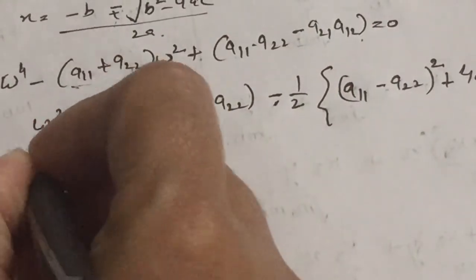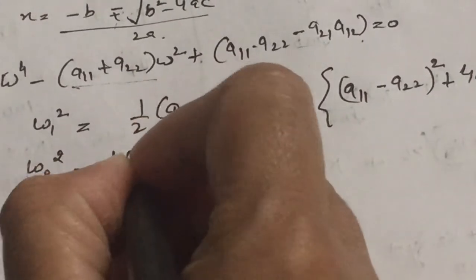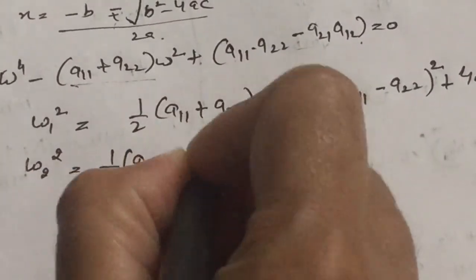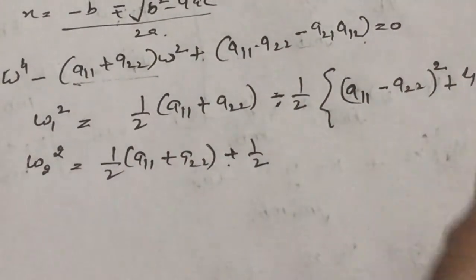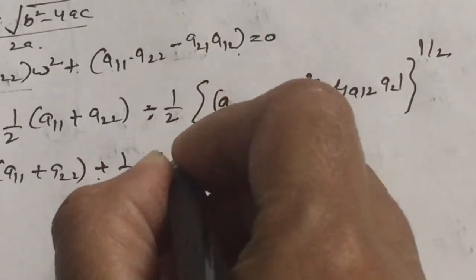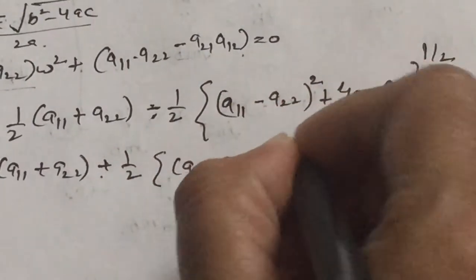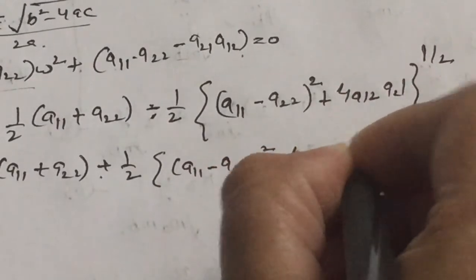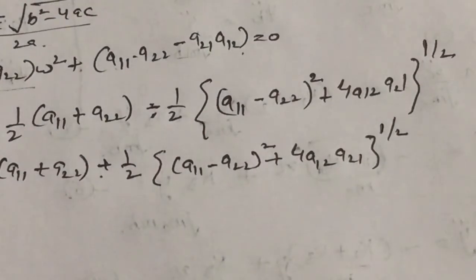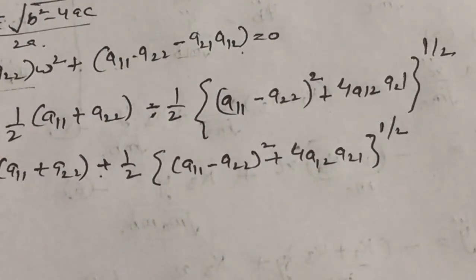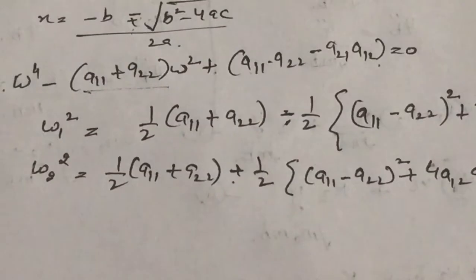The solution is the second root of omega square, and we just write down the same equation, but the difference is that here this term is negative, this term is positive, and this whole term goes the same as the previous one, 4 a12 a21 and the whole bracket raised to power 1 by 2. These are the two simple harmonic oscillatory frequencies for our given system.